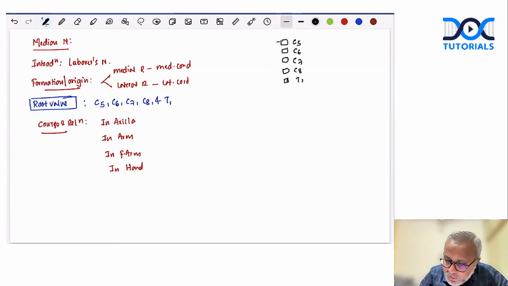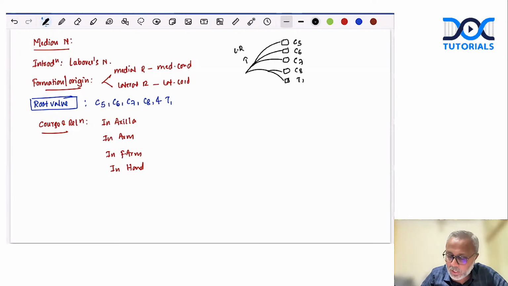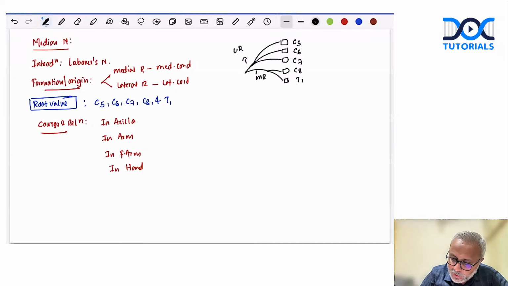C5, C6 and C7 will unite to form what root of the median nerve? This will form the lateral root. Similarly, C8 and T1 will unite to form one more root. And what is this root? This is the medial root, and this descends as the median nerve.